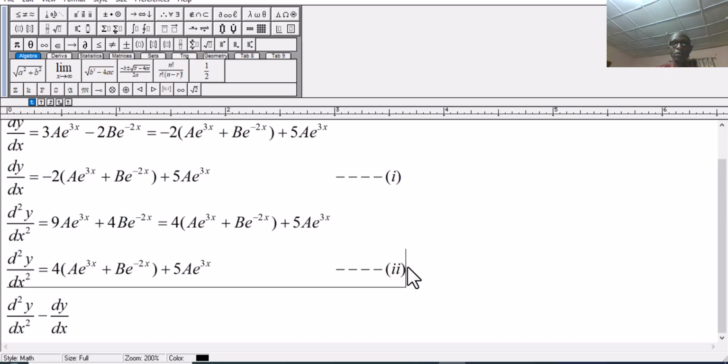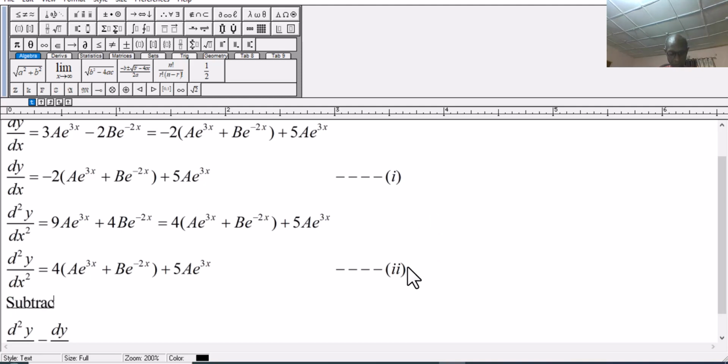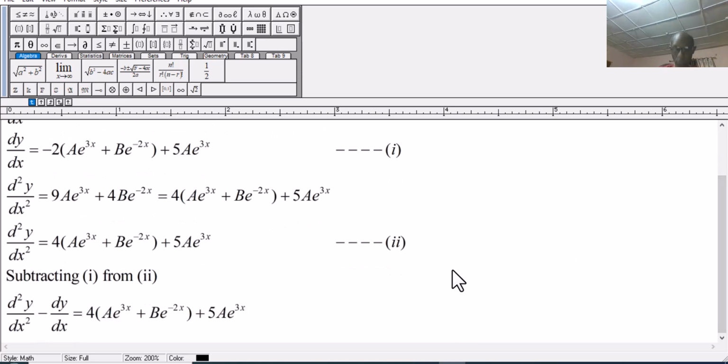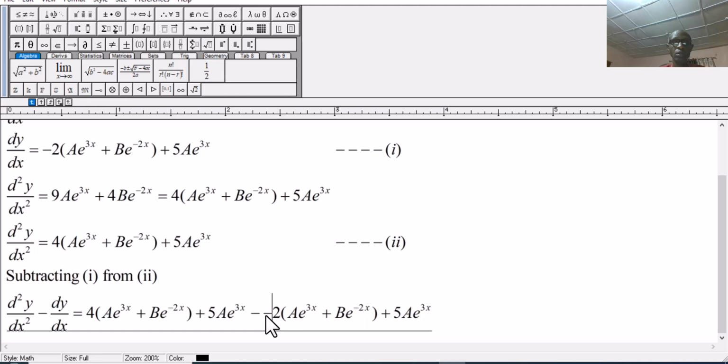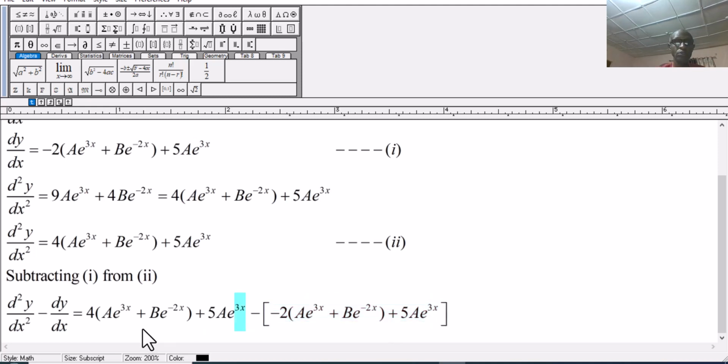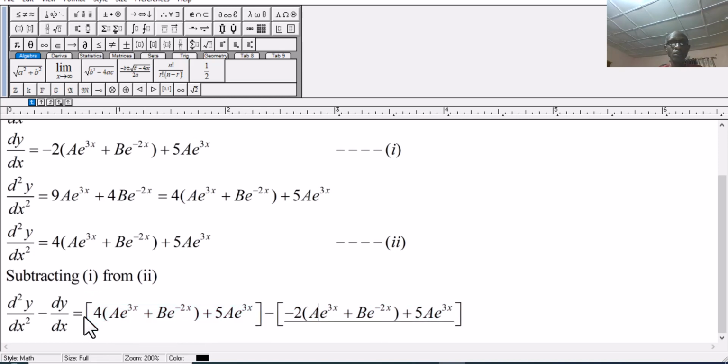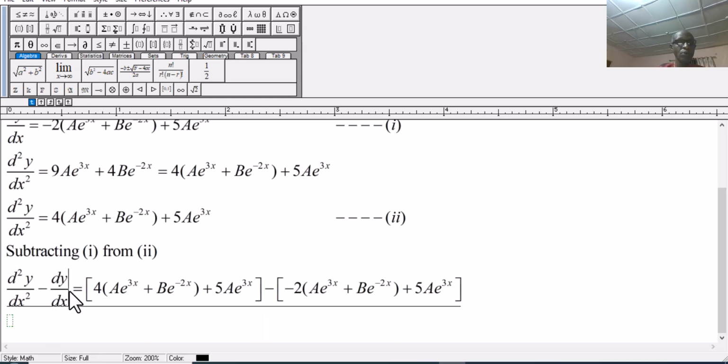So I copy equation 2, then equation 1, and I put each in brackets so it will not be confusing.